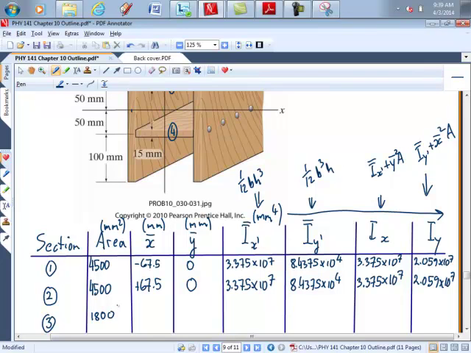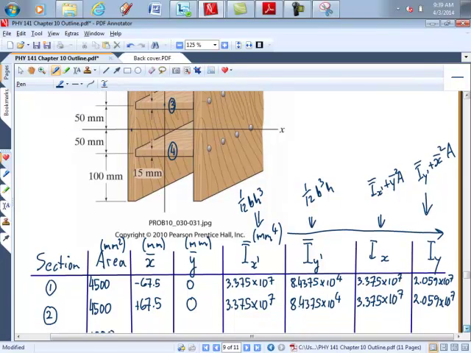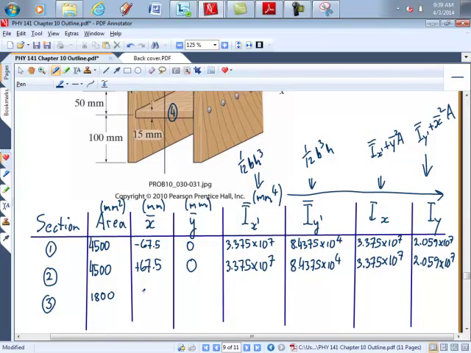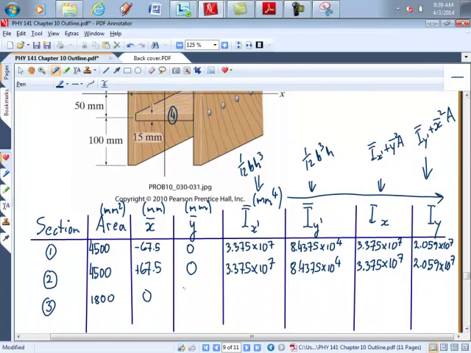The x bar is 0 because its centroid is right here, so it coincides with the y-axis for the composite. But its y bar is not 0. Its y bar is this 50 millimeters to the center. And it's going to be plus 50.